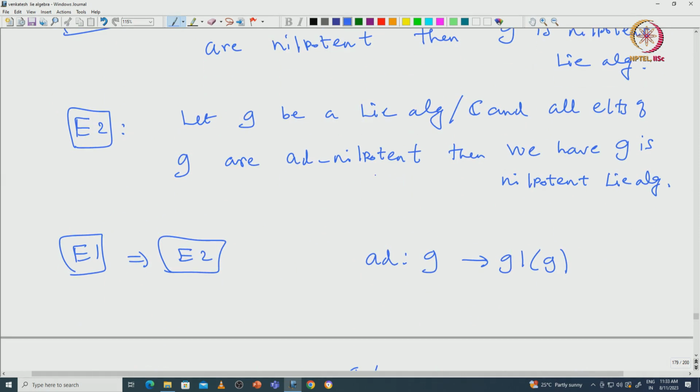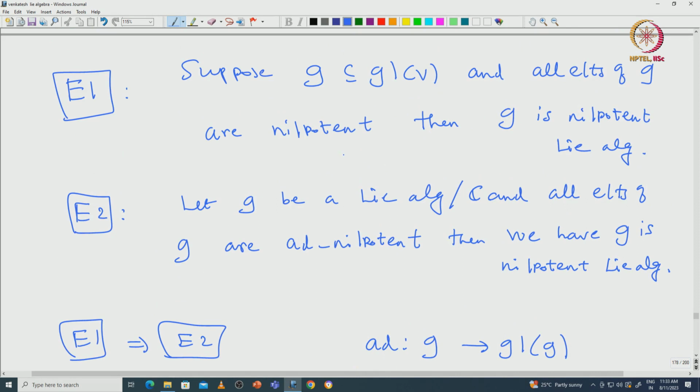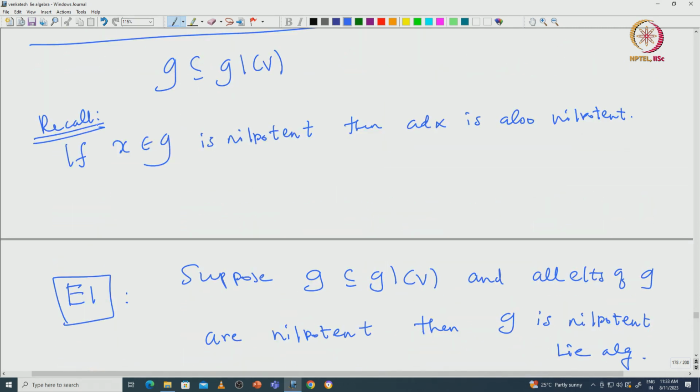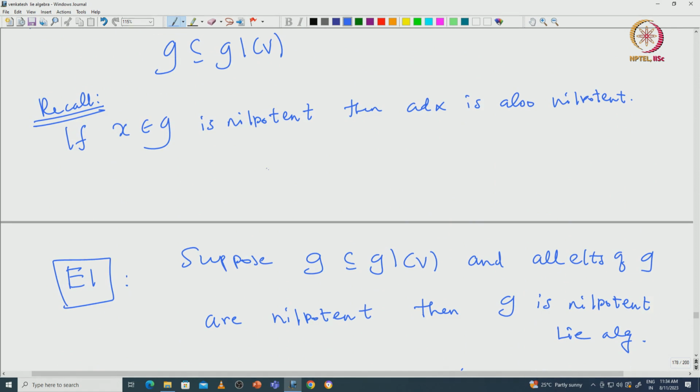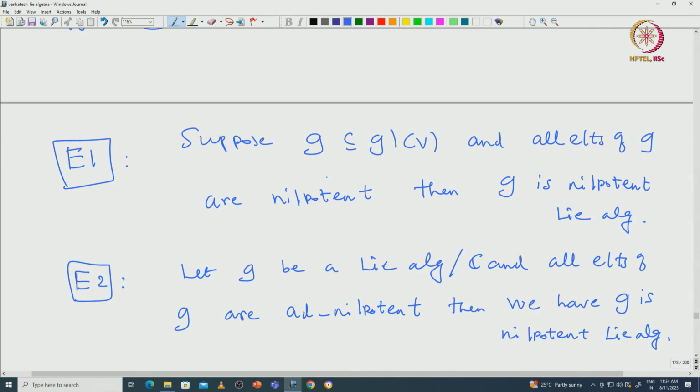Now, if you think about how E2 implies E1, one can think of G as an abstract Lie algebra. Since all the elements of G are nilpotent, using this remark we can see that all elements of G are ad nilpotent. Then by E2 we get that G is a nilpotent Lie algebra.